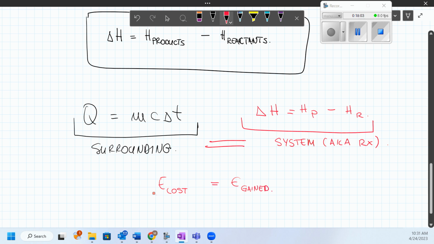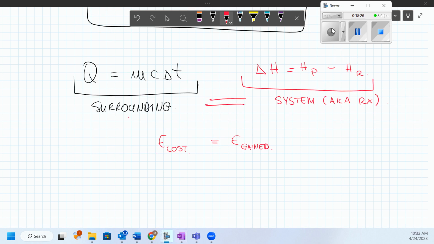If this loss is from the surrounding, then we say mc delta T. If this loss is from the system, then we say delta H. And if the gain is from the system, then we say delta H. Do you understand?